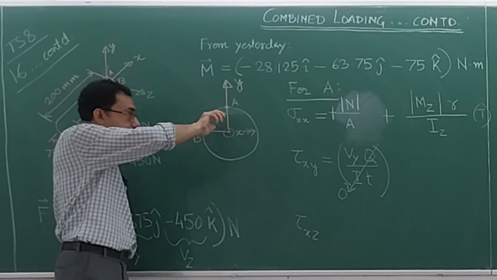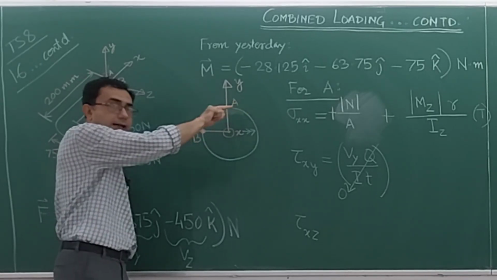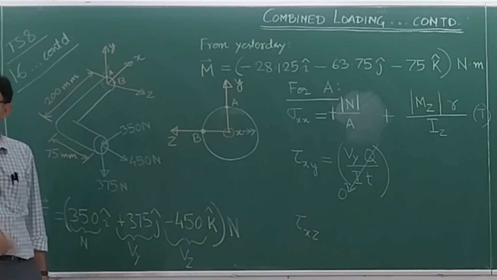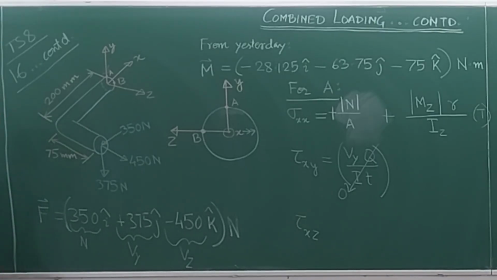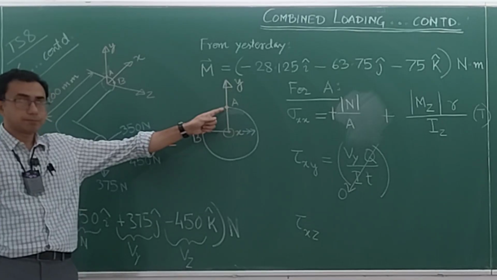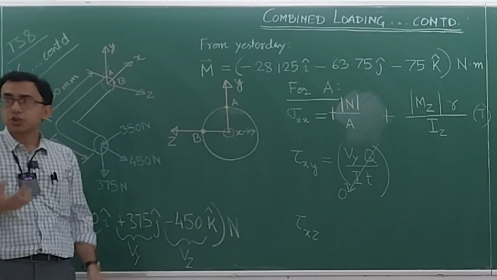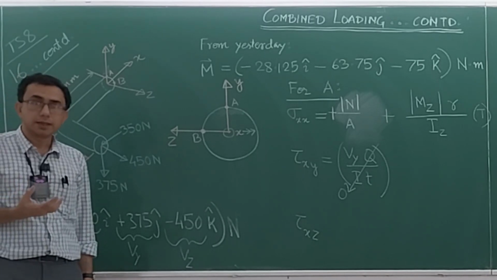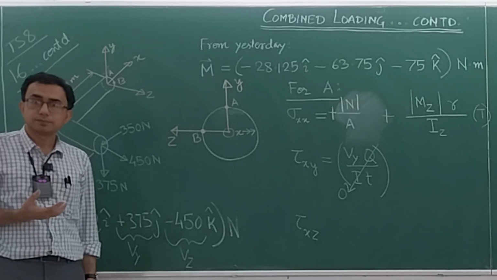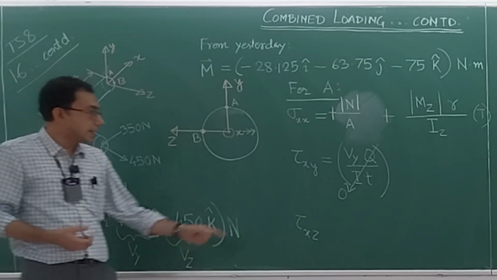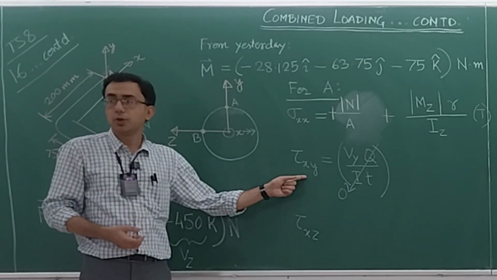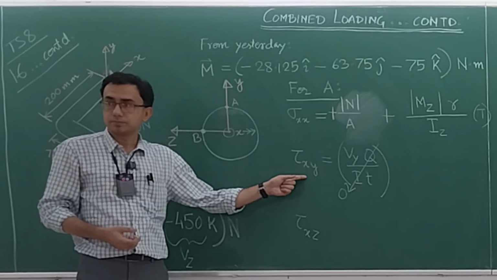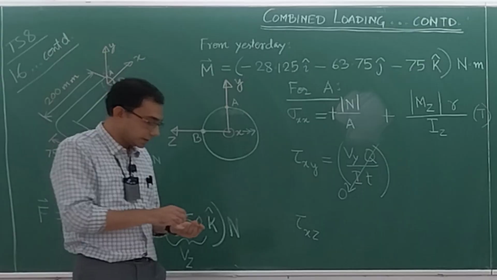If my curling is like this, the shear stress will be in this direction, which is negative to the z-axis. So at the point A, the shear stress contribution due to the torsion will be directed along the negative z-axis. Which means that in the tau xy there will be no contribution.